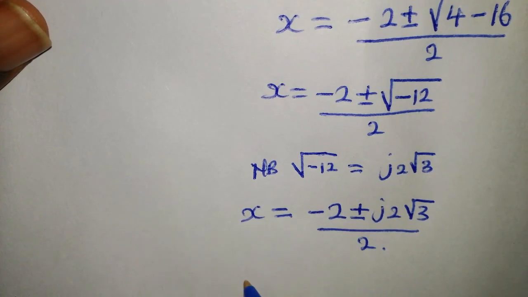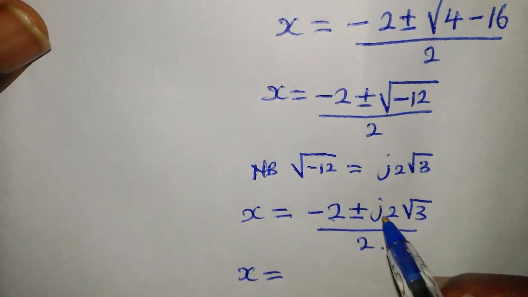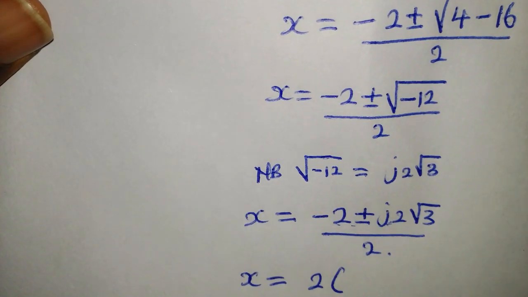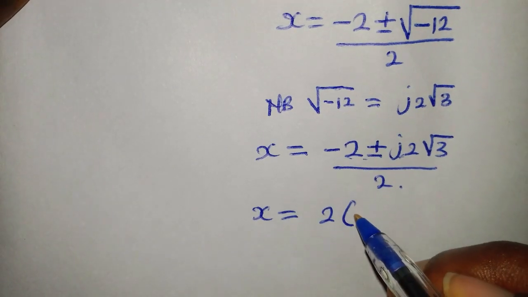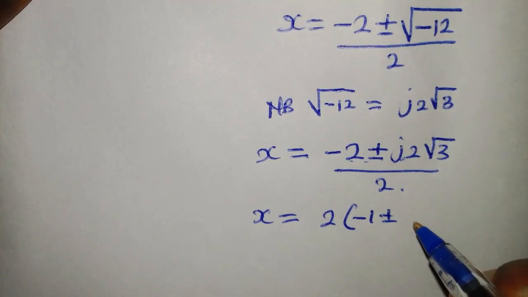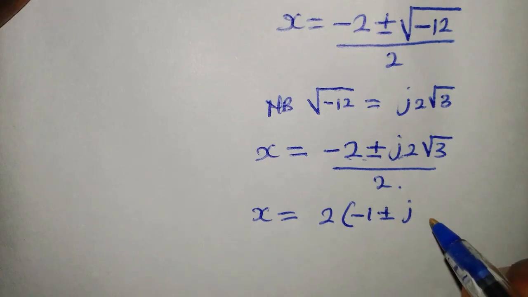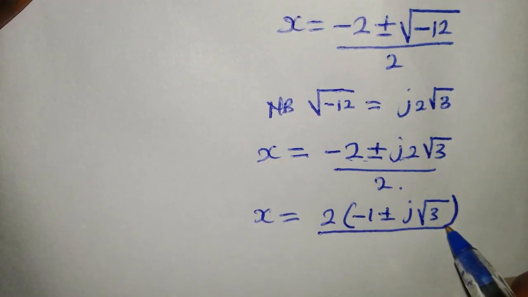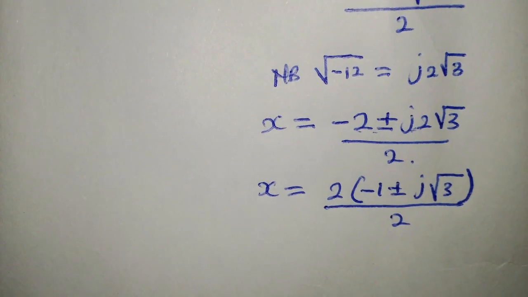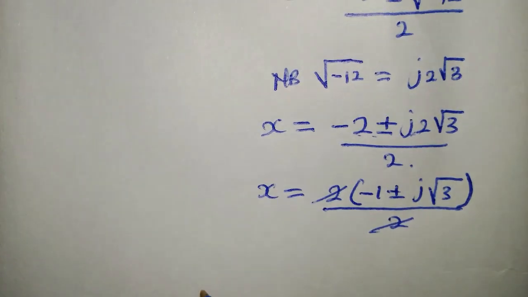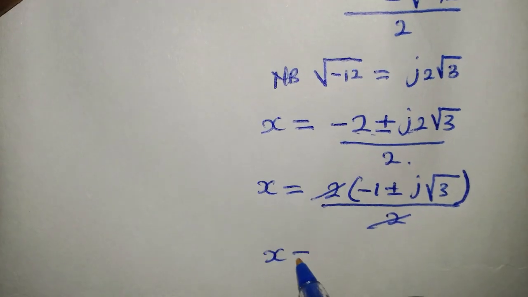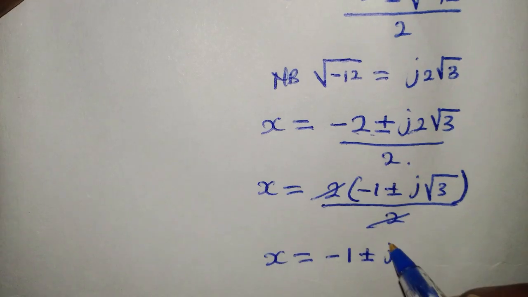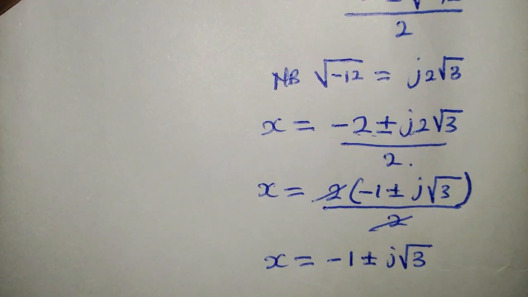From here we bring out the common factor, which is 2: 2 open bracket, 2 divided by minus 2 gives us minus 1, plus or minus 2 divided by 2 gives us j root 3, divided by 2. You can see this will cancel with this. So our x is equal to minus 1 plus or minus j root 3.